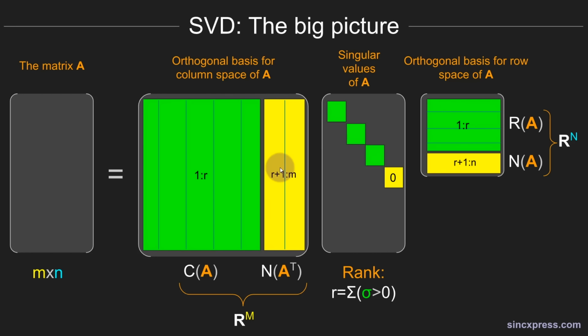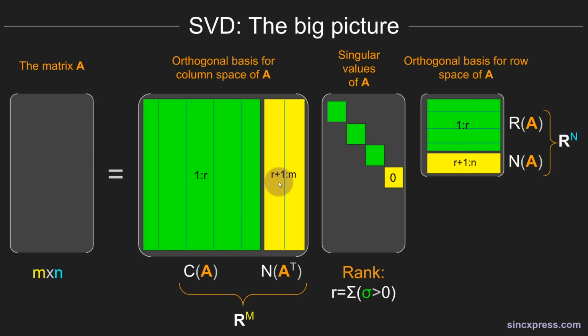Now, this matrix is often called matrix U, the letter U. This is often called V, capital letter V. And this matrix is often called sigma, the capital Greek character, which is the same as this character. So you can multiply these three matrices together, and that will reproduce exactly matrix A. Now, this matrix U provides basis vectors for the column space of A, so that's the columns of A. And this matrix V provides a basis for the row space of A, so that's the space that's created by combining all of the rows of this matrix.